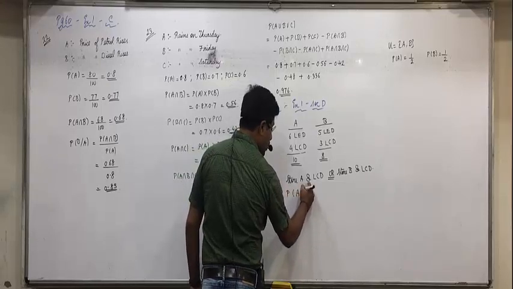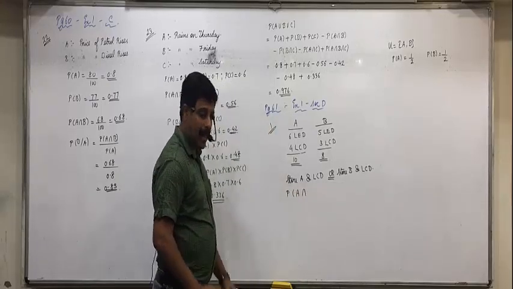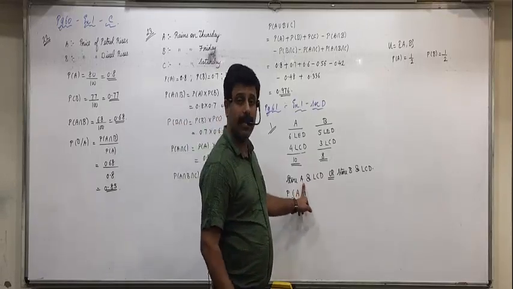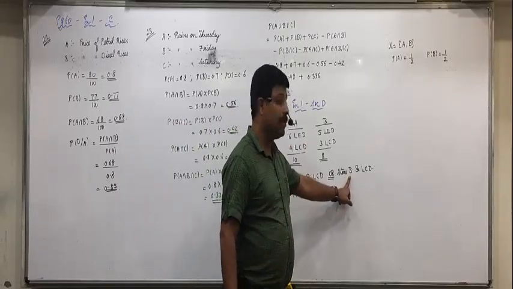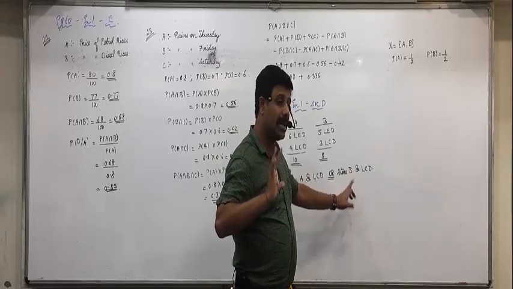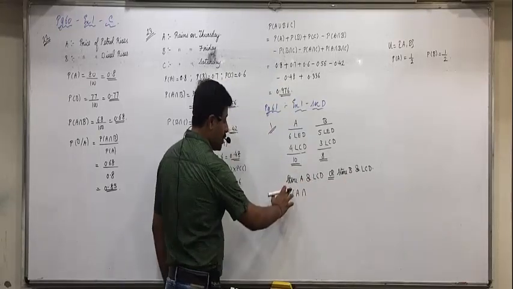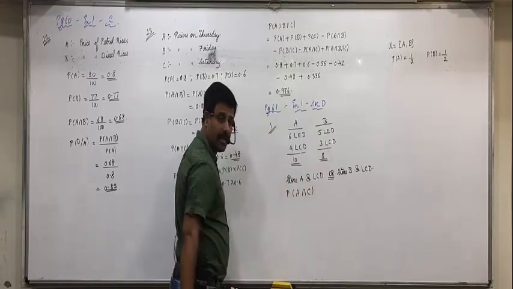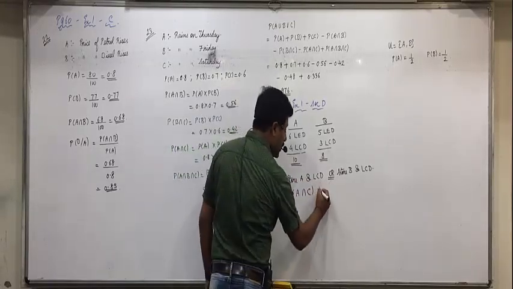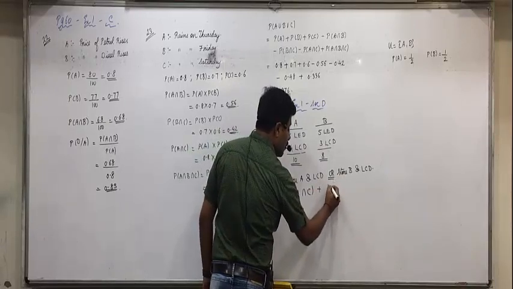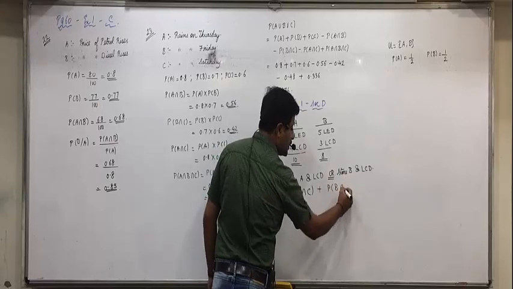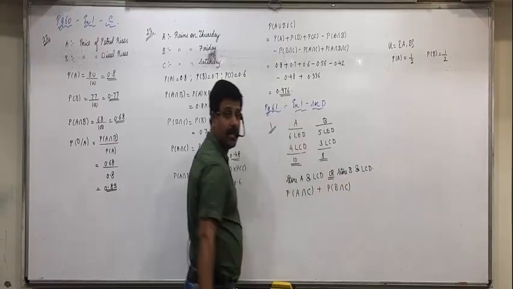Suppose we define 3 events. Event A that you select store A, event B that you select store B, and event C that you select LCD. So either you select store A and you select LCD C, plus the probability that you select store B and you select LCD C.